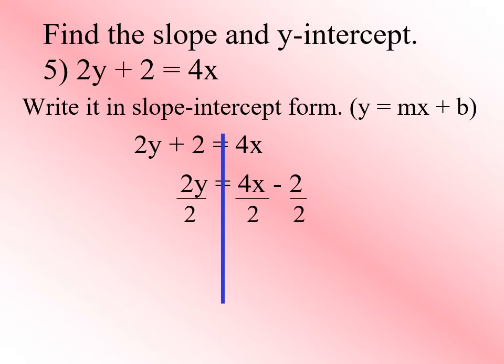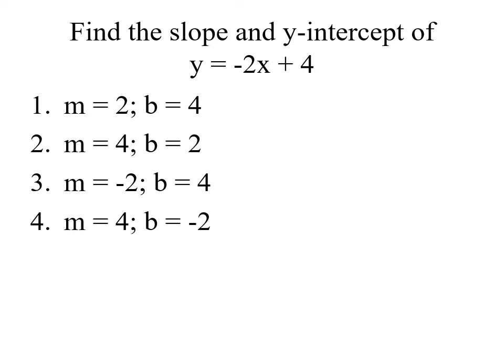Then we're going to divide everything by 2, and we get y is equal to 2x minus 1. So now we can identify our slope and our intercept. Remember, it's now in the form y equals mx plus b. So m is the number or coefficient in front of the x, and b is our trailing constant. Okay, multiple choice.